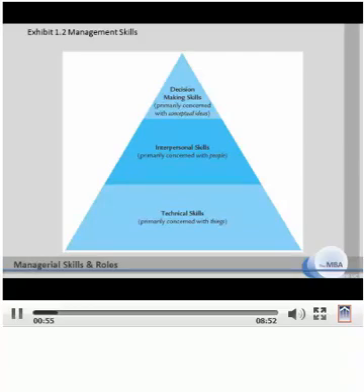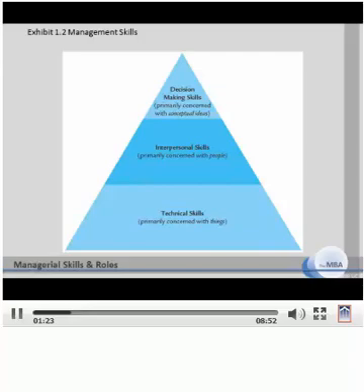Let's start and discuss technical skills. Technical skills are really primarily concerned with things, and they involve our ability to actually use the methods and techniques related to the tasks, industry, or jobs that we perform. Next on the pyramid are interpersonal skills, and these skills are primarily concerned with people and how we interact with people.